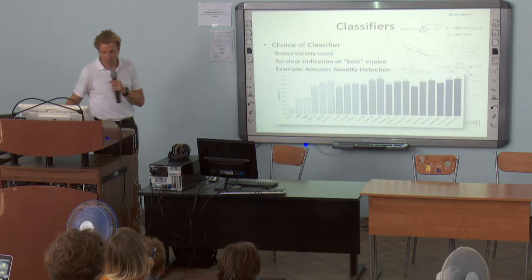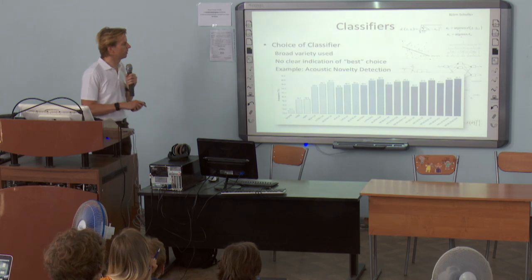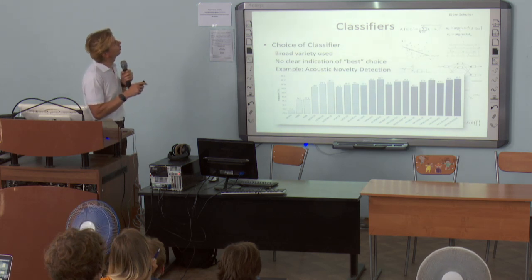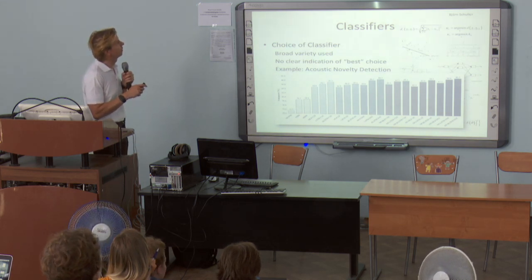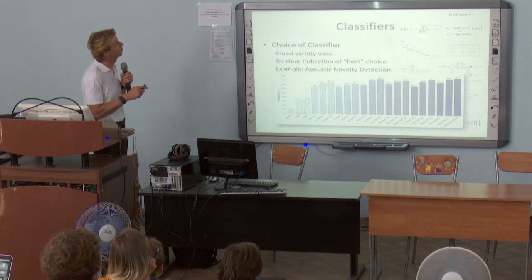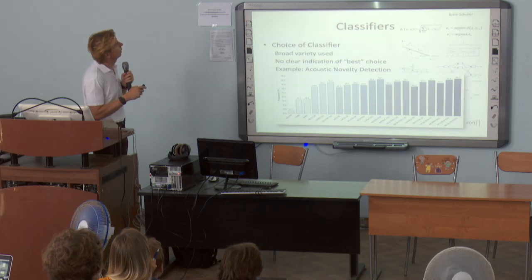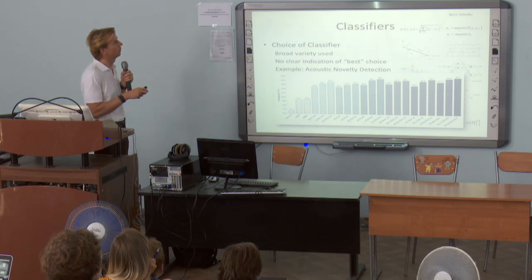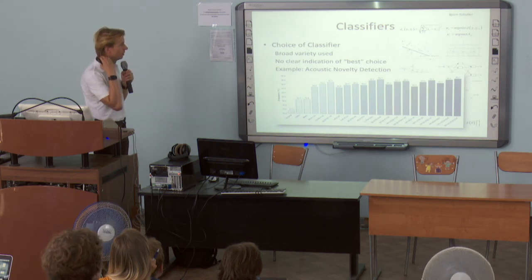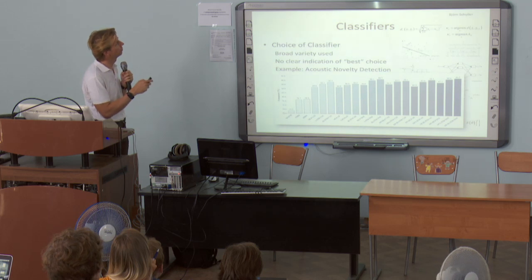But even if you look at just the performance, here we did a comparison for acoustic novelty detection, including support vector machines, HMMs, GMMs, and many different neural network combinations. And you can see after all quite a difference here in F measure for acoustic novelty detection, so hearing a sound that you have never heard before, like a gunshot in a rural environment, in a calm one.